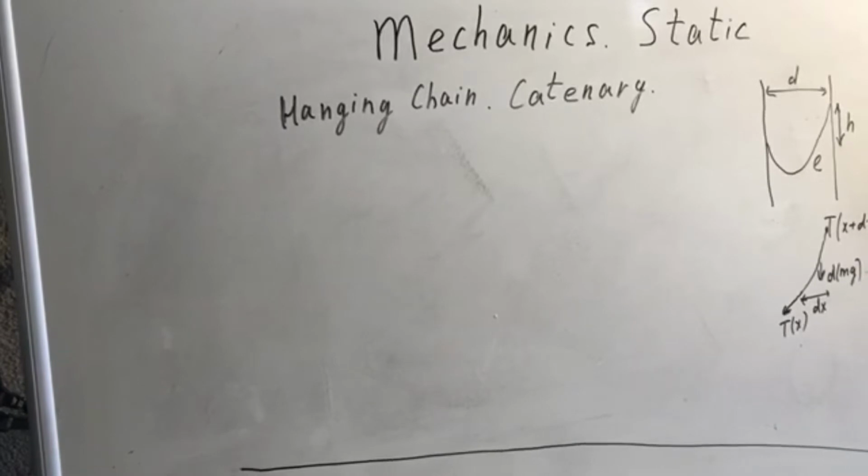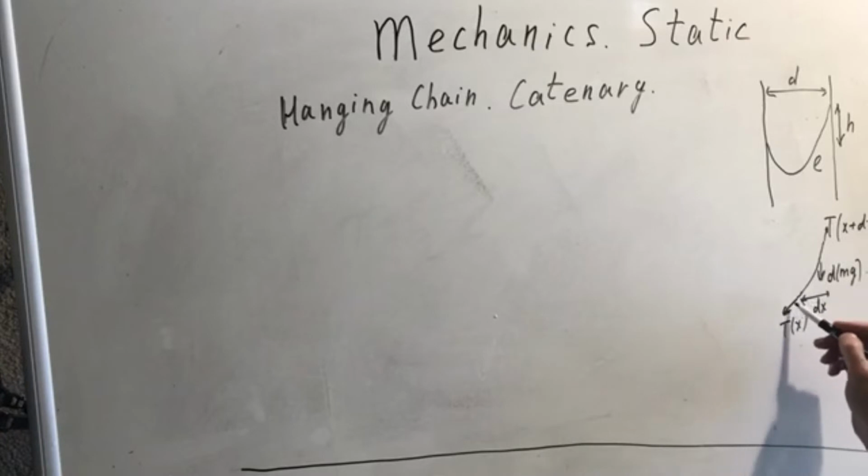So, the first important fact here is to note that the horizontal component of tension T is constant along all this chain. Because if we take any part of this chain and it's in equilibrium, there are no external horizontal forces, so it means that the horizontal tension at this point is exactly equal to the horizontal tension at this point.